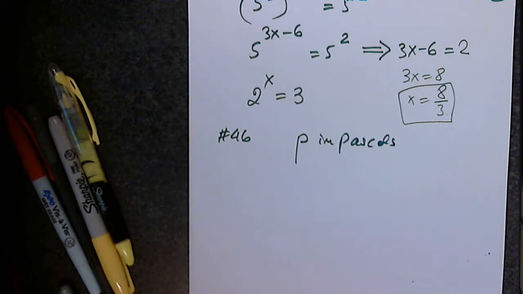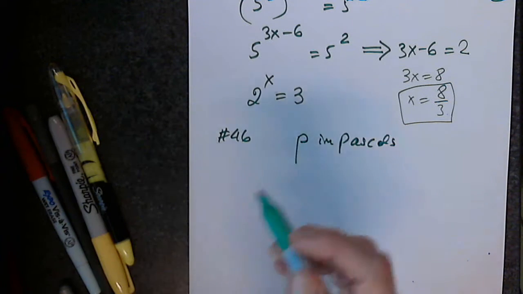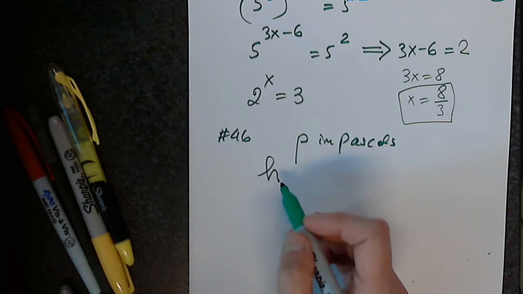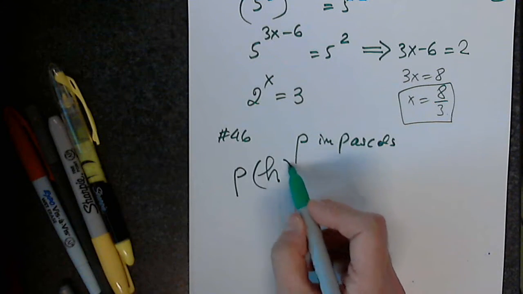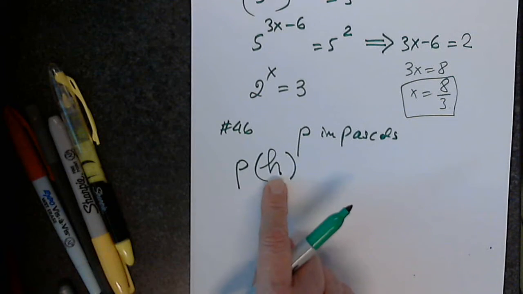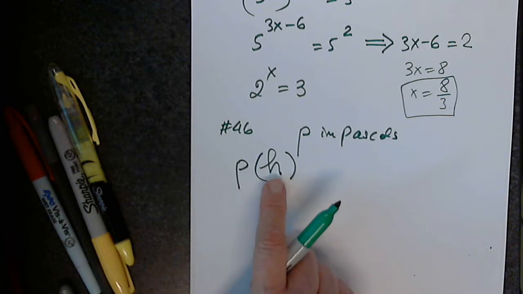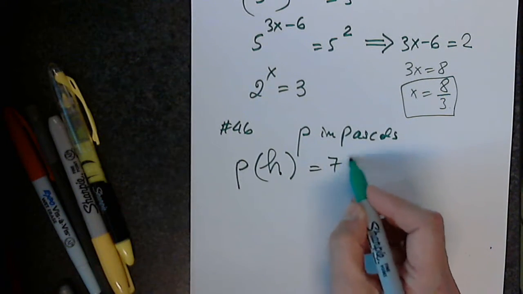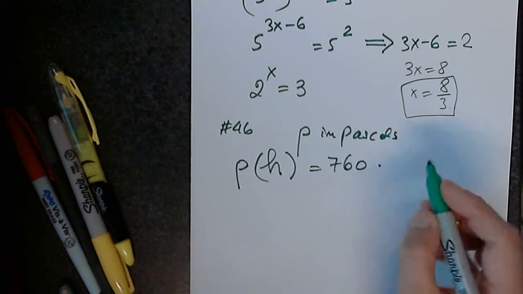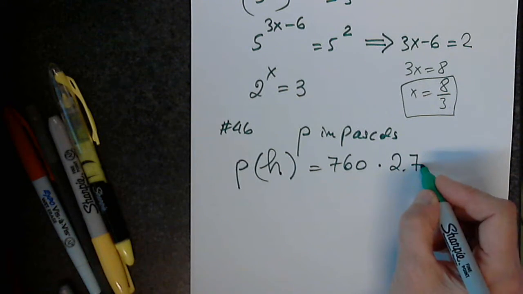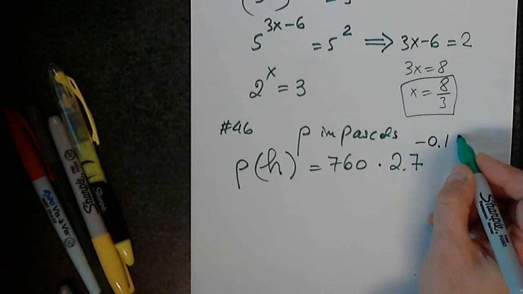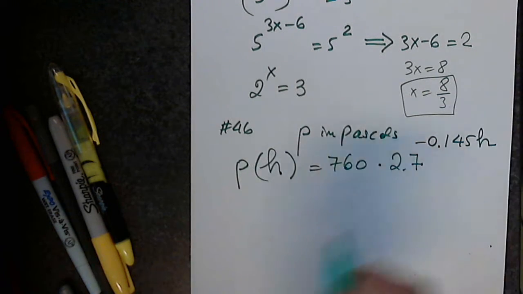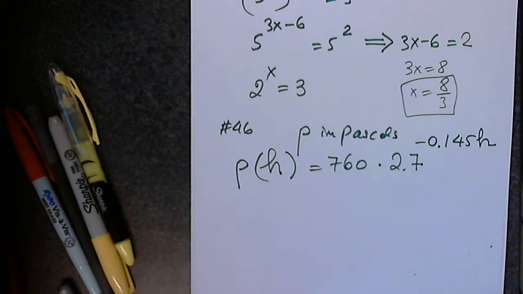The pressure measured in millimeters of mercury is related to the number of kilometers h above sea level by the function P of h equals 760 multiplied by 2.7 raised to negative 0.145 h.